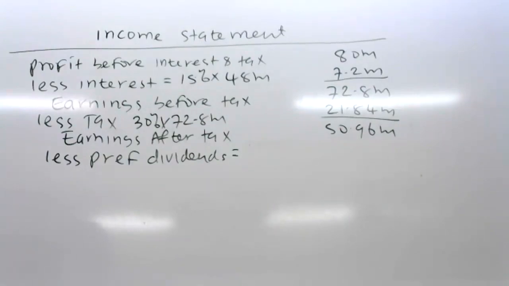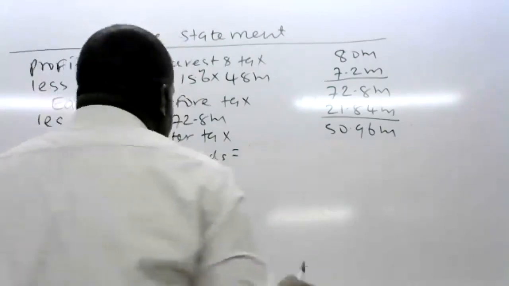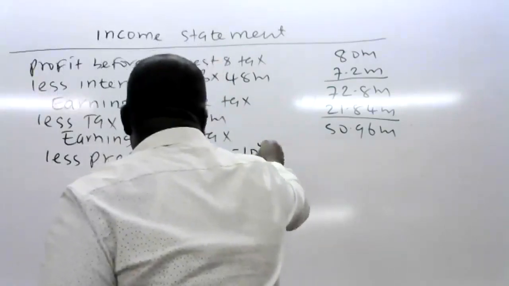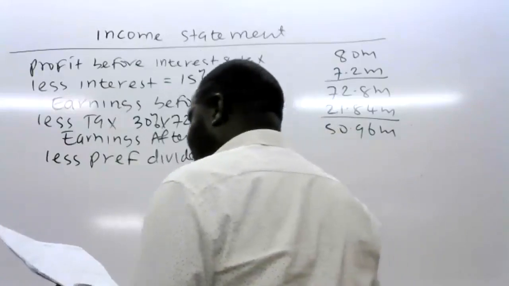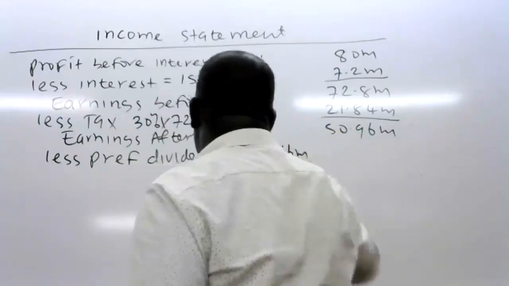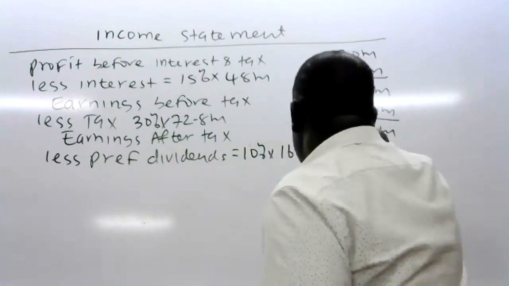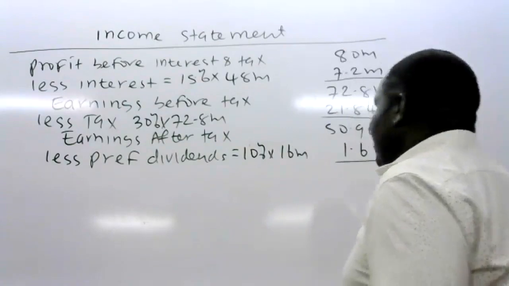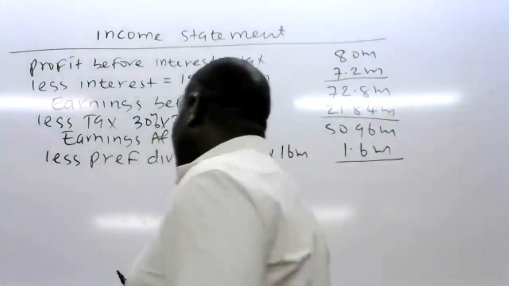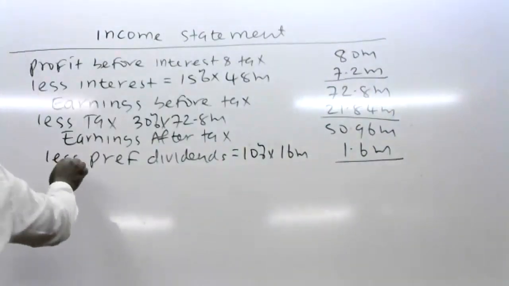Are you able to see the 10% preference shares? You get 10% of the 16 millions, which is going to give us which figure? 1.6 millions.